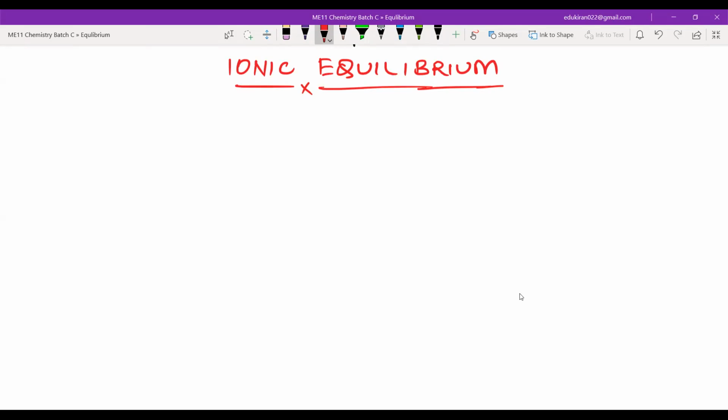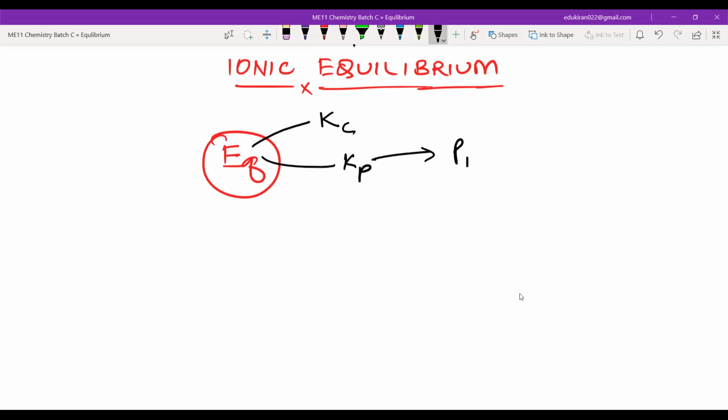But in the description of equilibrium, as you saw, there were a few things that helped us. There was Kc that helped us in calculating the equilibrium concentration. There was Kc, there was Kp, and when you had pressure, then the total pressure of the system at equilibrium also helped us in calculating the partial pressure of the system. Now, similarly, in ionic equilibrium, we'll be introducing some helpers to calculate the concentration at equilibrium.